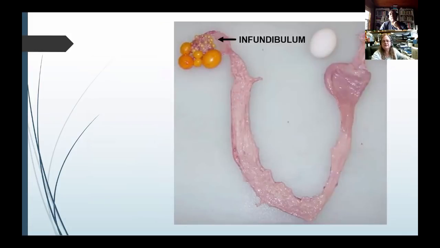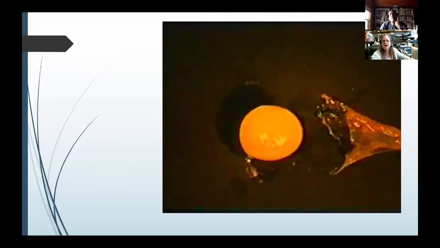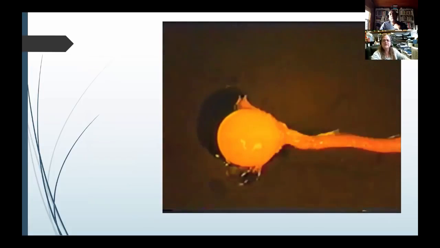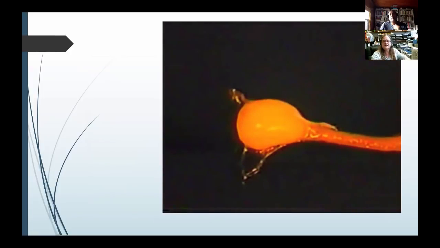It's not possible to film this in a live chicken, so they did a dramatization of it so you can see that it goes over and engulfs it with its own muscles.